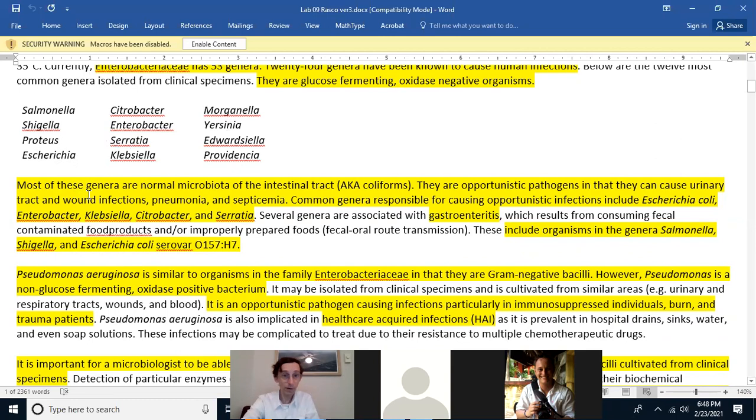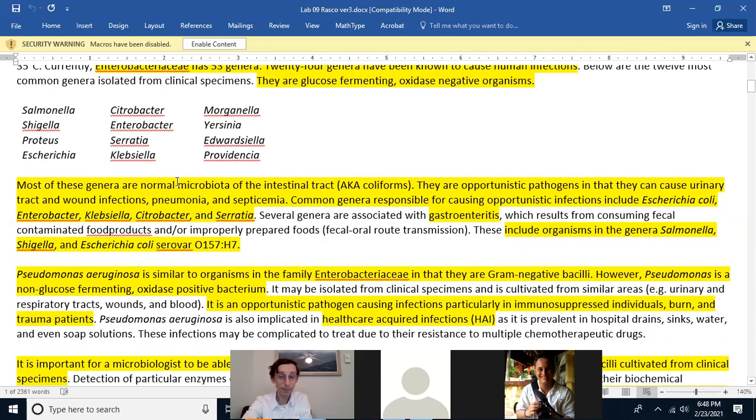Most of these genera are normal microbiota of intestinal tracts, aka coliforms. Some of them are of people, like Escherichia. Others, like Salmonella, are coliforms of birds.